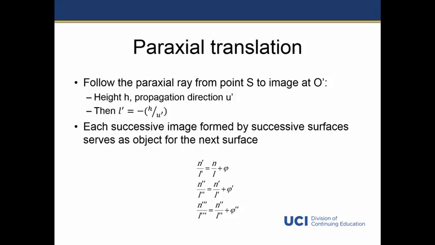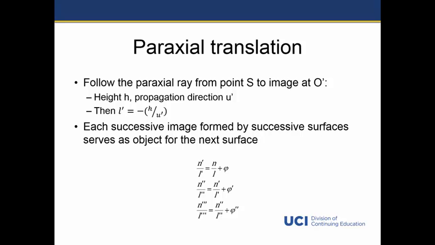Basically, when we think about an optical surface, we have an object and we form an image. But in reality, that's for one surface. If I have a lens, it has two surfaces. The first, I have an object that interacts with the first surface and forms an image as a function of the power of that surface.